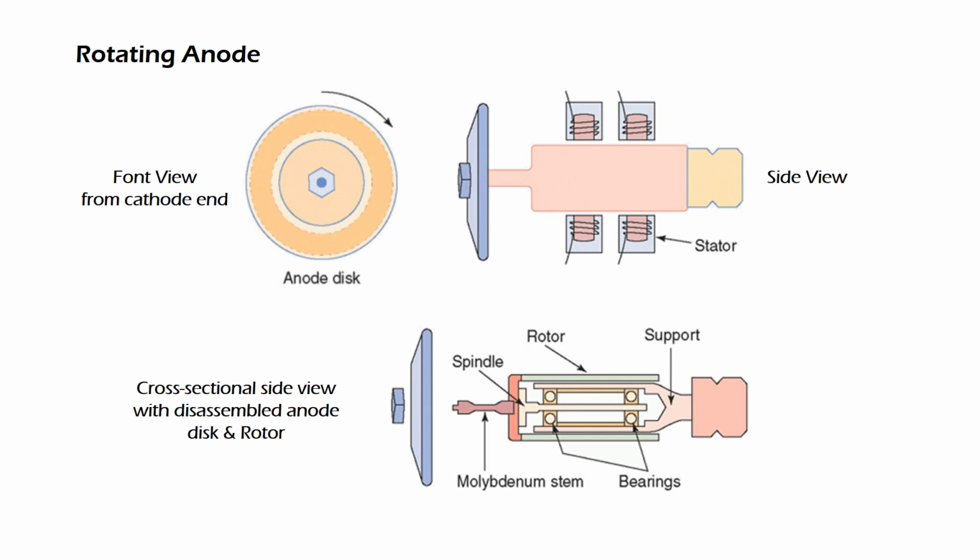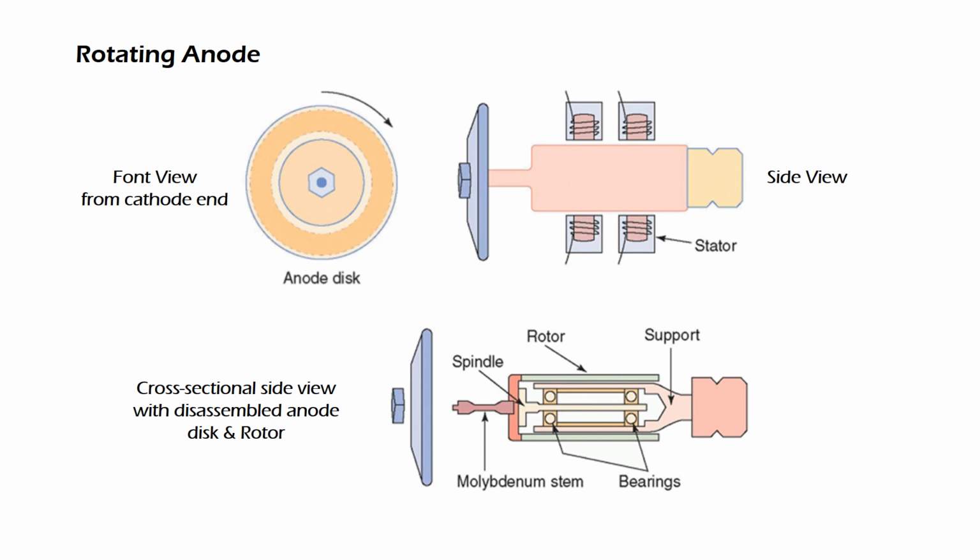This illustration in the bottom shows the cross-sectional side view of the disassembled anode disc and rotor assembly. The rotor consists of copper bars arranged around a cylindrical iron laminated core and forms the rotating part of the induction motor. A donut-shaped stator device, comprised of electromagnets, surrounds the rotor and is mounted outside of the X-ray tube insert.